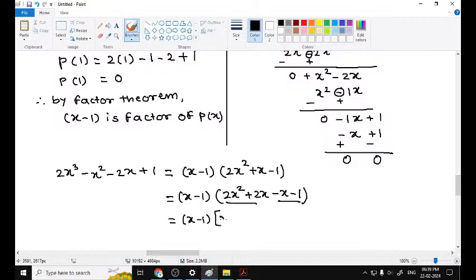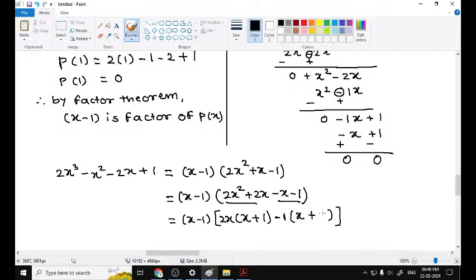We can take 2x common, that will give you x plus 1 inside the bracket. Now whenever our third term is negative, we have to take the negative term common. There is no common factor, means we can take 1 as the common factor. Whenever we take a negative term common, you have to change this sign. If it is negative, make it positive, and vice versa. 1 is taken common, actually nothing is taken common.